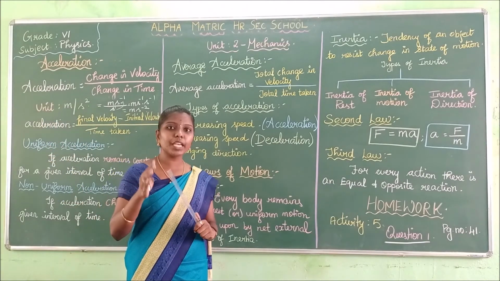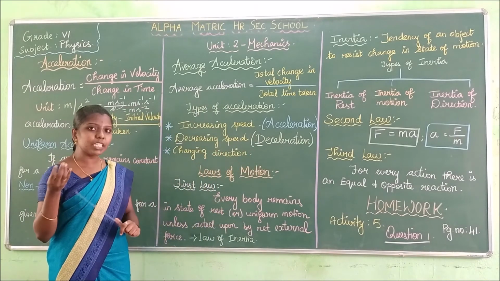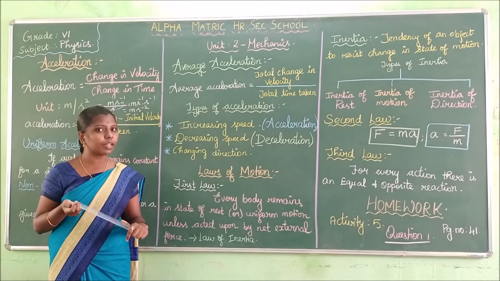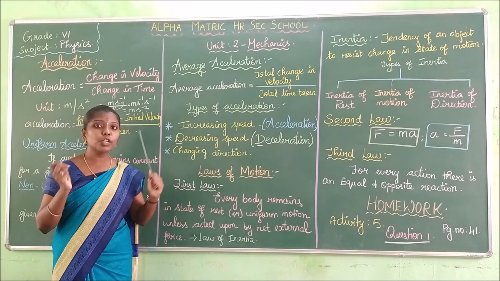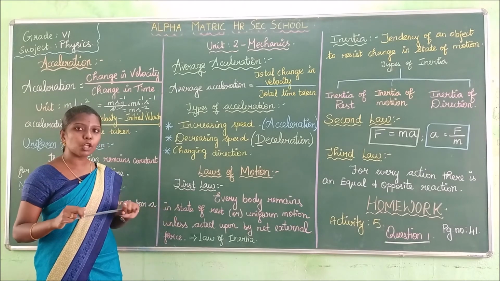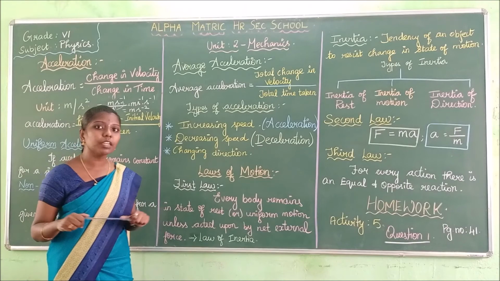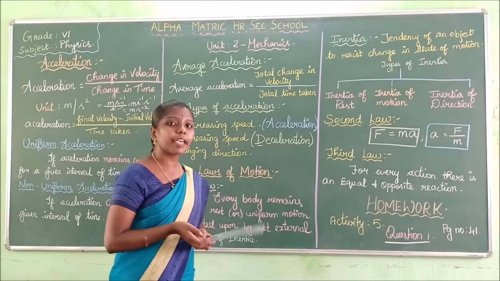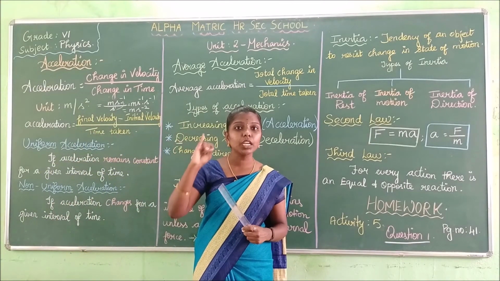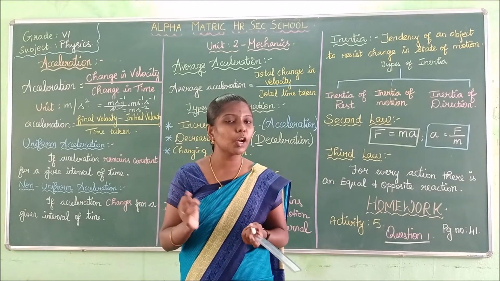Okay. So far we have seen what is motion, and we have seen various topics, namely speed, velocity, acceleration, right? Now we are going to see laws of motion. These laws of motion are given by Newton. Newton gave three laws, namely Newton's first law, second law and third law.